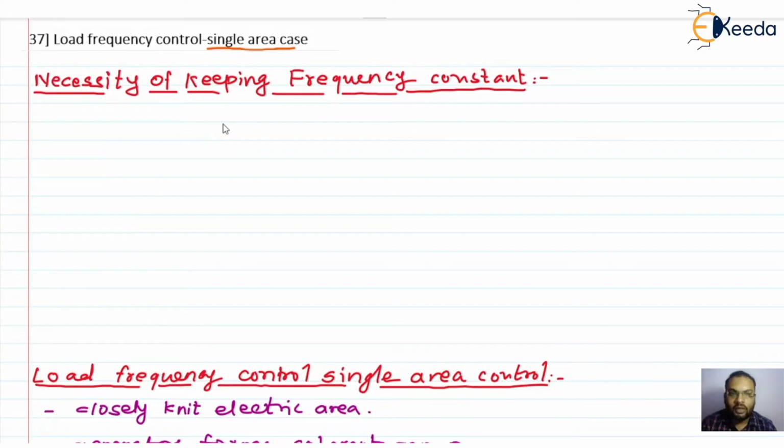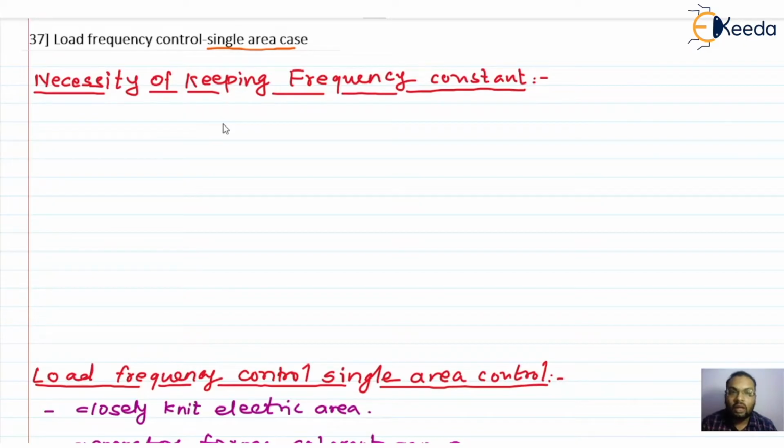Definitely that rickshaw will move with some speed. Now suppose one or two persons are in that rickshaw, and if you do not increase your paddling speed, then definitely the speed of that rickshaw will decrease as compared to the previous one where you were riding alone. So same is the case with our alternator.